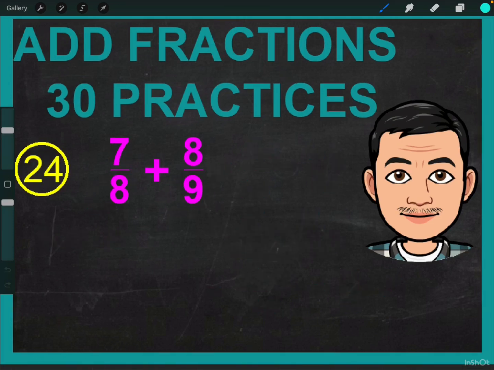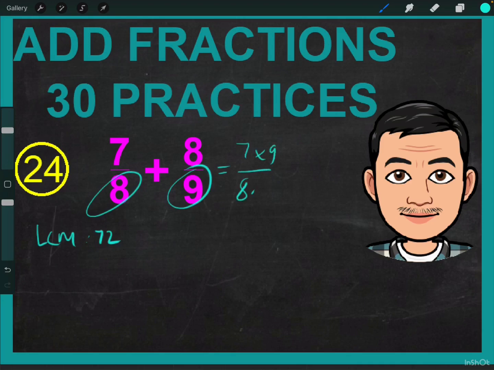Bracket number 24, we have two fractions with different denominators, 8 and 9, and the LCM for 8 and 9 is 72. So we will convert the first fraction to 7 times 9 over 8 times 9, and the second fraction is 8 times 8 over 9 times 8.